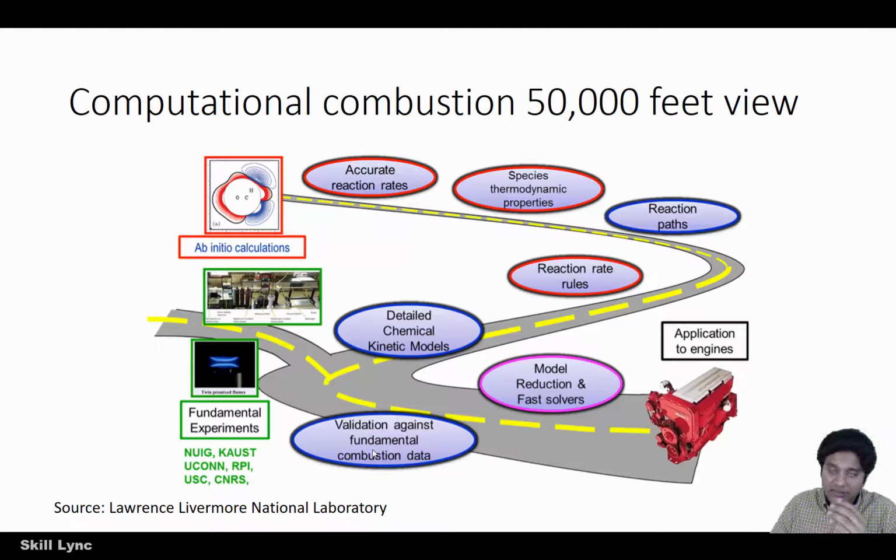Whereas scientists and people who are involved in research, people who are involved in universities, they focus on the top end of the tree, where more fundamental research needs to be done and a lot of calculations have to be done very accurately.